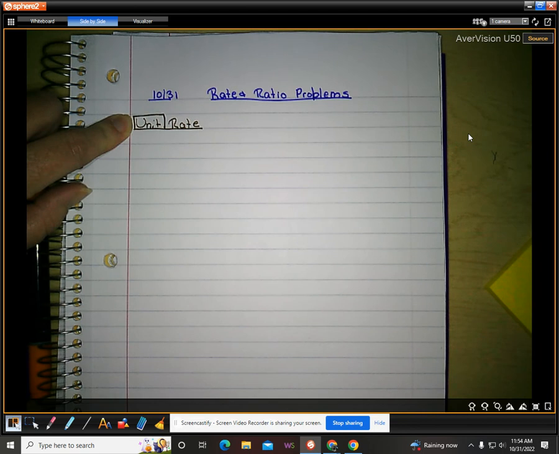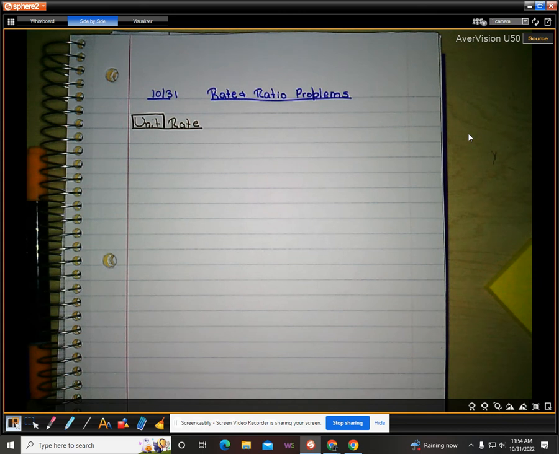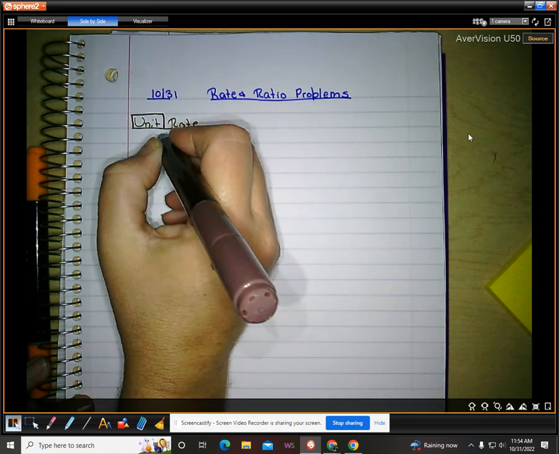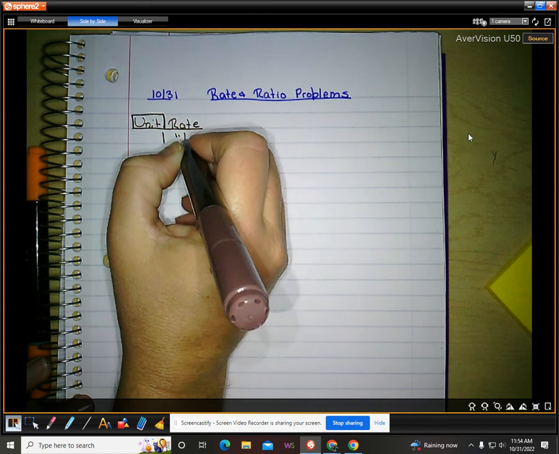And if you're not sure, you can look in your notebook because it's in there. Unit rate or unit price is dealing with how many, what number of things is a unit. Jordan? Just one.